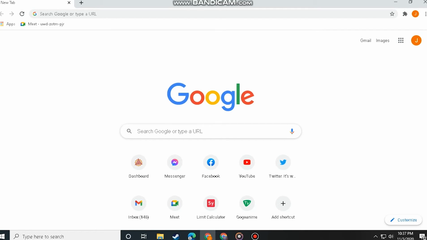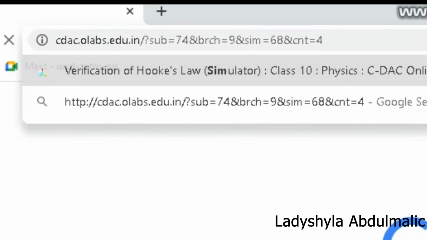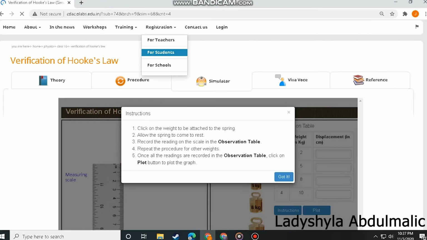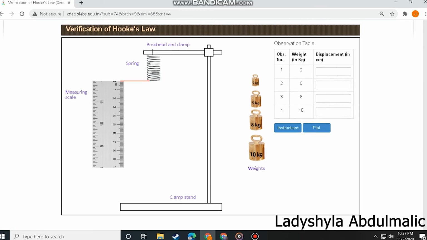So for the procedure, number one is to open the link to the simulator and familiarize yourself with the buttons. There you can see the Hooke's law apparatus simulator on the left and the weights with an observation table on the right. Then load the mass on the weight hanger by clicking on the masses on the right.